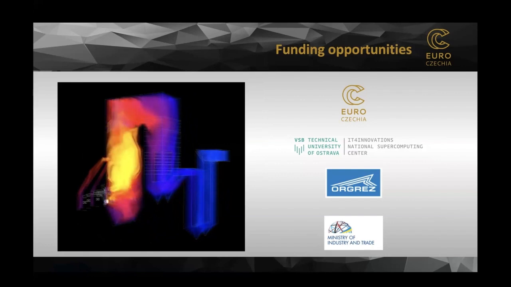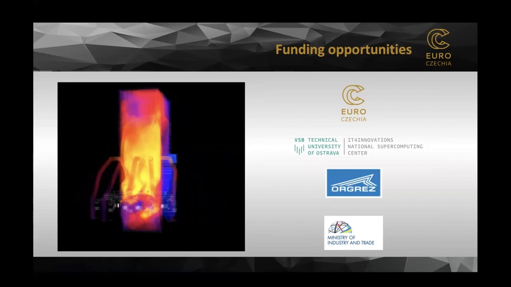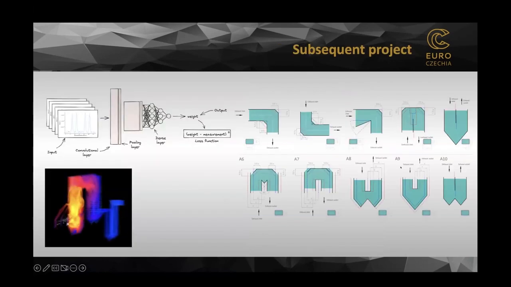So we applied with the company for the grant, and it was successful, and we basically ran this project for 18 months. It's already concluded, and the company received the software from us.